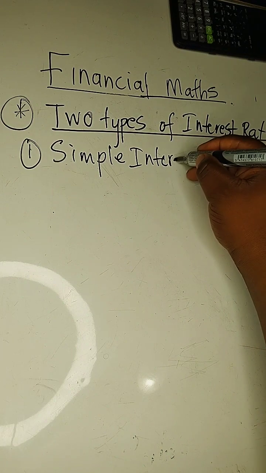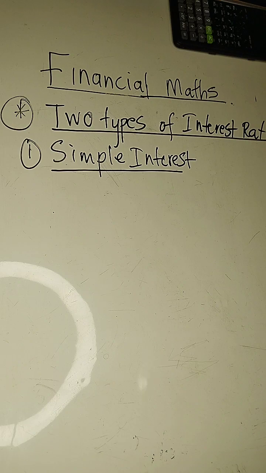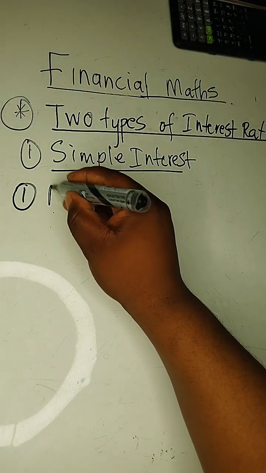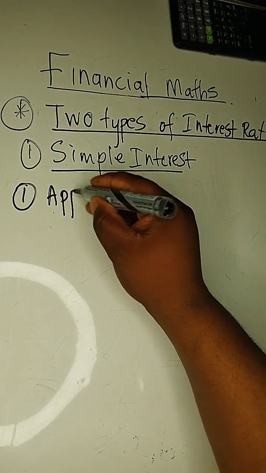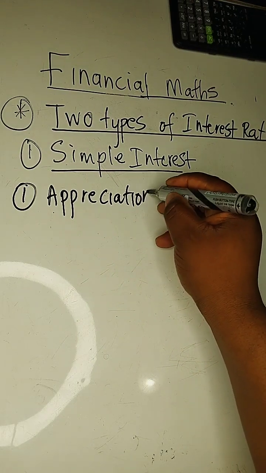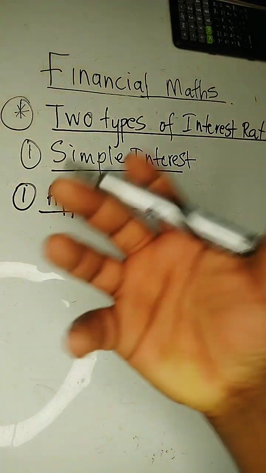Now we are dealing with the first one first, which is simple interest. Simple interest has two things. Number one, we have what you call appreciation. When something appreciates, it gains value.